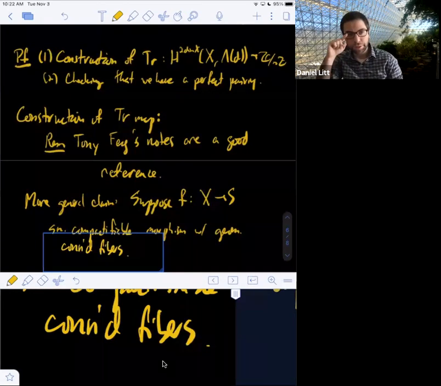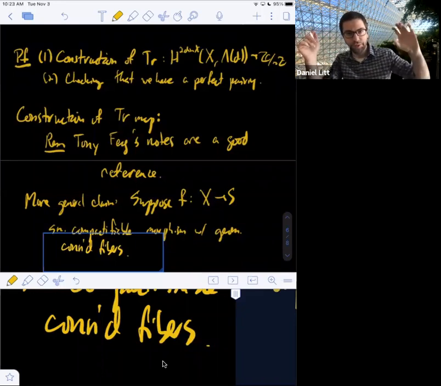So remember, compactifiable meant that there was an X prime, so that we could factor the map X to S as a map from X to X prime and X prime to S, where X to X prime is an open embedding and X prime to S is proper.